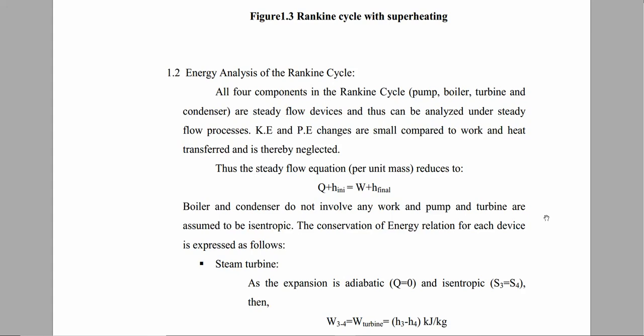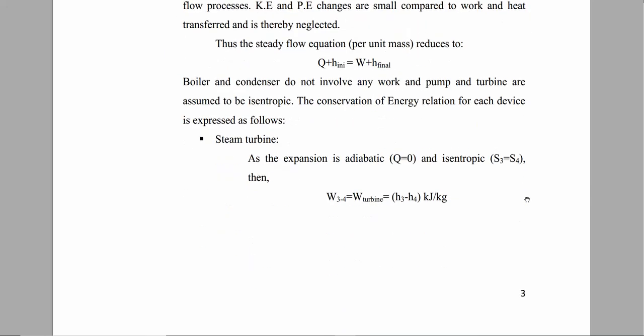Thus, the steady flow equation is: heat plus initial enthalpy is equal to the work done plus enthalpy at the final point. The boiler and the condenser do not involve any work, and the pump and the turbine are assumed to be isentropic. The conservation of energy related to each device is expressed as follows.